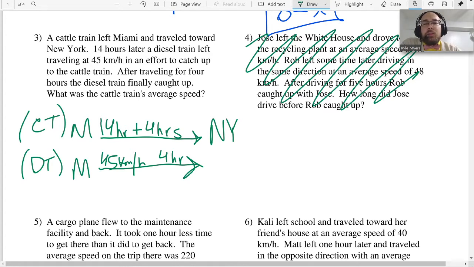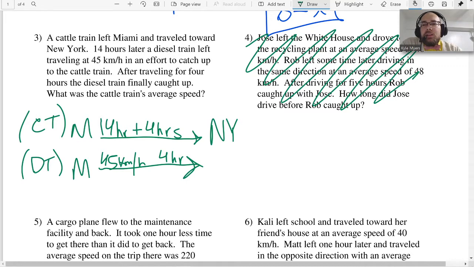So if the first one, the cattle train, has been going for 14, then 4 hours later it catches up, well then it's an 18-hour trip for the cattle train before the diesel train catches up. That's pretty quick actually. 14 hours, 4 hours, 18 hours, and the other one catches up in 4. Wow. The diesel train is going way faster.